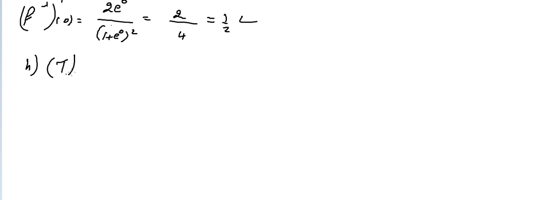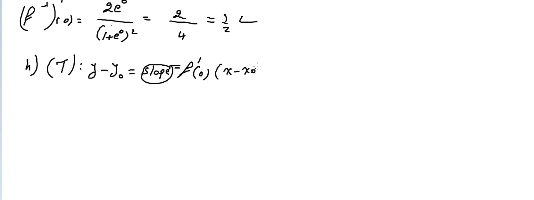The equation of the tangent is simply y - y0 = slope times (x - x0). What is the slope? It's f prime at x0, so f prime at 0. What is f prime at 0? We found it before, it's 2.